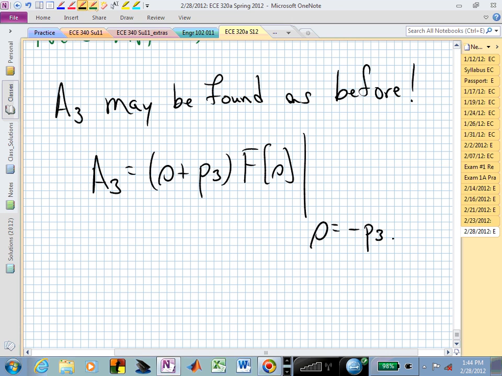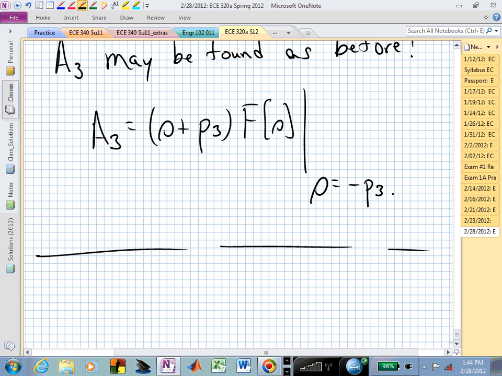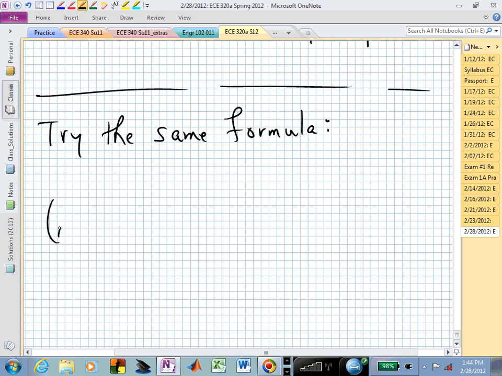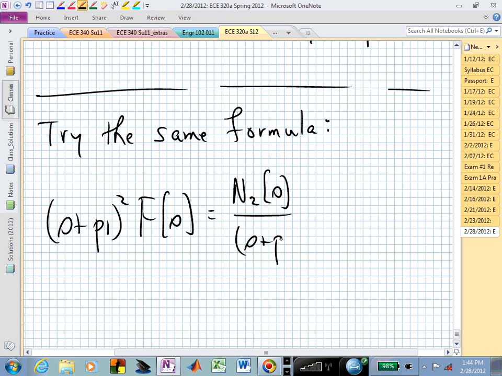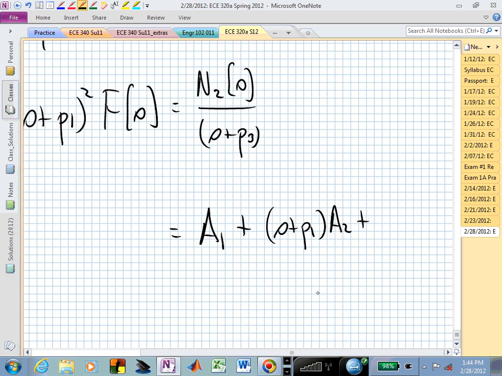What if we tried the same formula on the other two? For a sub 1, we have s plus p1 squared f of s equaling, so that's now this n sub 2 of s over s plus p sub 3, and that's going to equal a1 plus s plus p1 a sub 2 plus s plus p1 squared a sub 3 over s plus p sub 3.